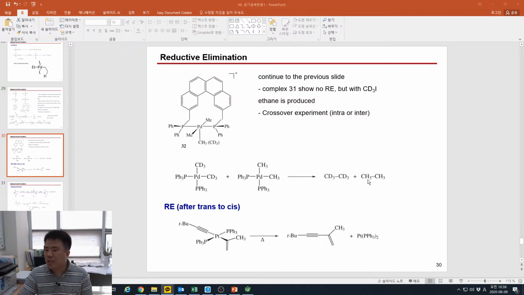It means that only intramolecular reductive elimination is possible. No crossover. Crossover means exchange of the ligand with each other, but there is no crossover. Okay. So if you think about reductive elimination, this compound should undergo the cis generation and then reductive elimination.